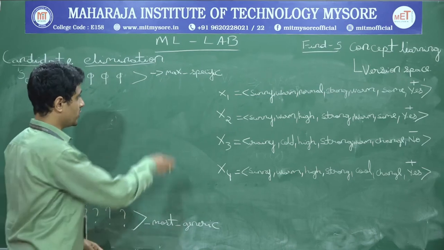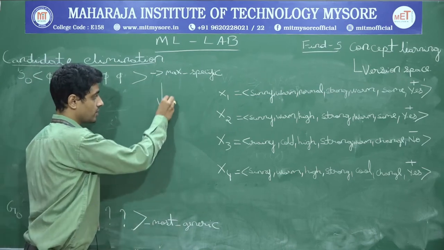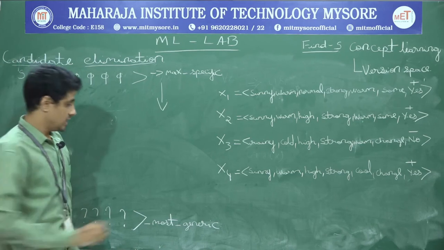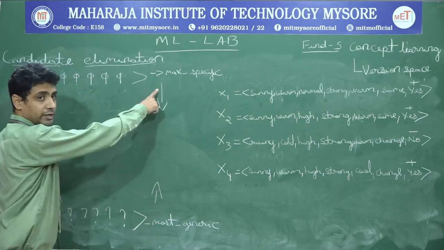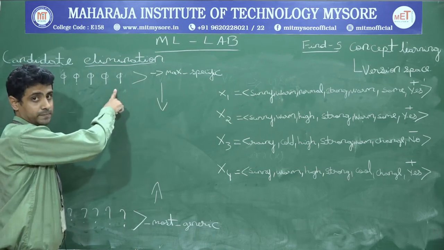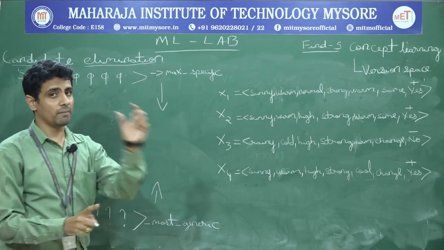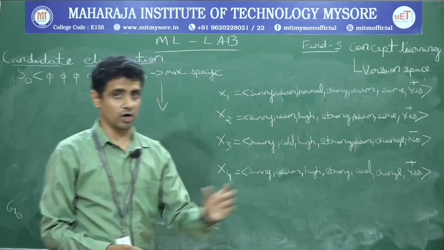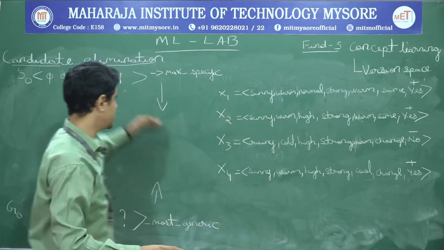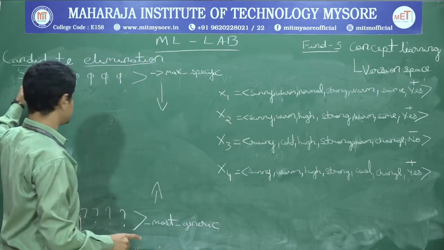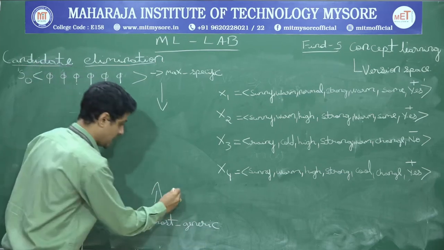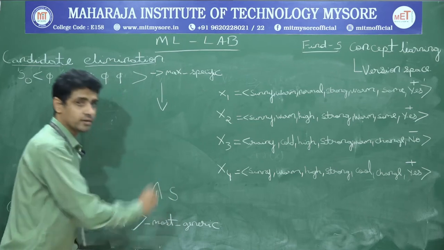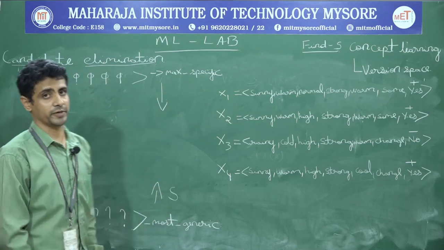One thing you need to understand: for all the positive examples, I need to grow my specific hypothesis. I'll repeat again, for all my positive instances, I need to grow my specific boundary. For all the negative examples, I am supposed to shrink my generalized boundary.